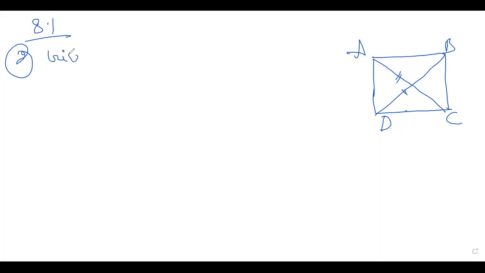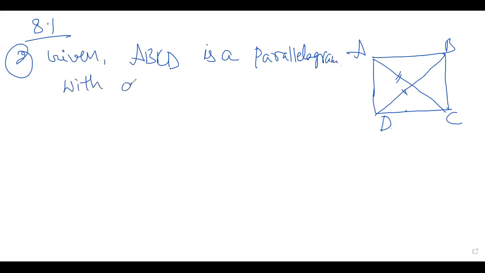What is given? Write down what has been given. ABCD is a parallelogram with the diagonals AC and BD.